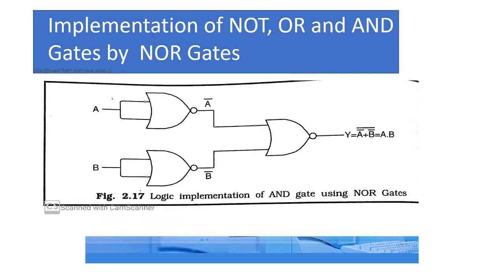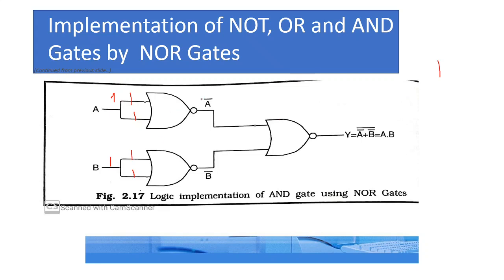Now suppose A is equal to 1 and B is equal to 1. In that case the output of the AND gate is 1. Now let us see if this result comes with this circuit. So 1 is applied here, 1 is also applied here, 1 is applied here, 1 is applied here.